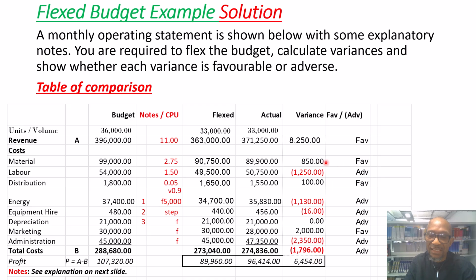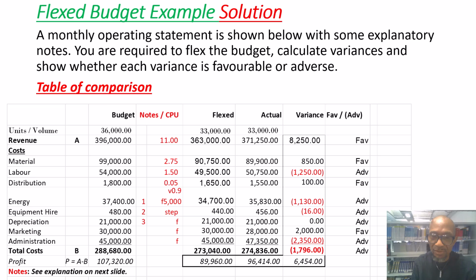Every positive item is favorable and every negative item is adverse. That's how you know whether they are favorable or adverse. I hope you understand the system of computing the variances from the flex budget.